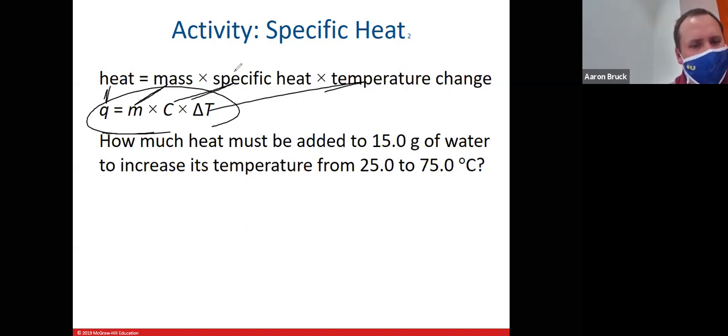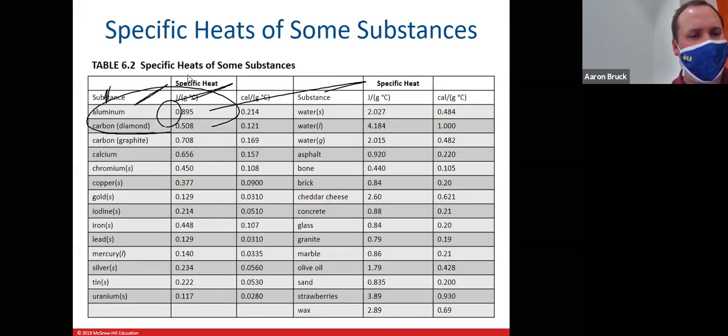And so with that information, we can answer questions like this. How much heat needs to be added to 15 grams of water to raise its temperature from 25 to 75 degrees Celsius? So the specific heat value, the value of C, is going to get drawn from a table of values.